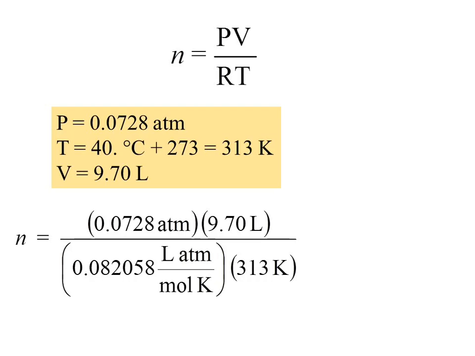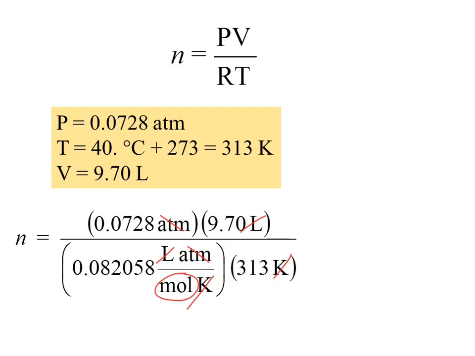So unit-wise, we have to cancel. Atmospheres cancel, liters cancel, and all we're left with is some terms in the denominator. Kelvins cancel in the denominator. Then we have units of moles in the denominator, which makes it moles in the numerator.